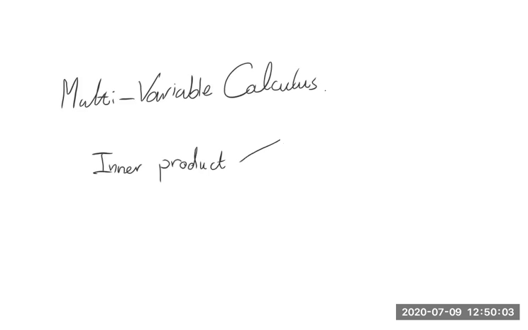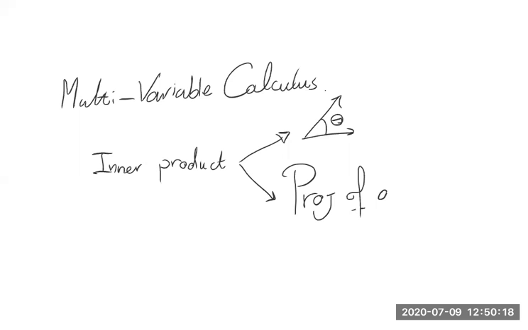And we talked about how we can use inner product to find the angle between vectors, and also how we can use inner product to find the shadow or projection of one vector onto another one. Okay, these are two things we learned about the vectors.